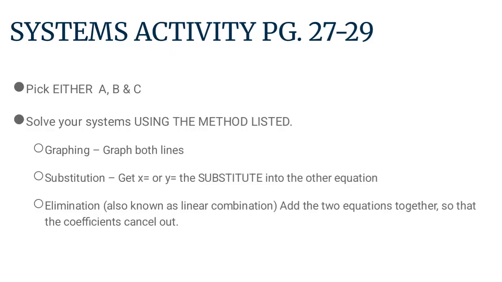This is page 27. Even if you did not do A, let's all do this on page 27, the substitution method, okay? y equals 4x plus 6 and 2x minus 3y equals 7.